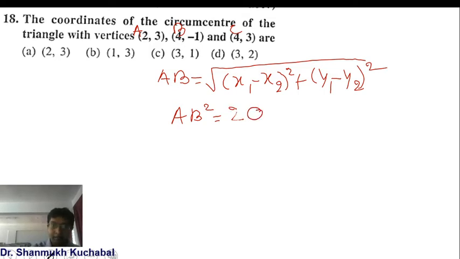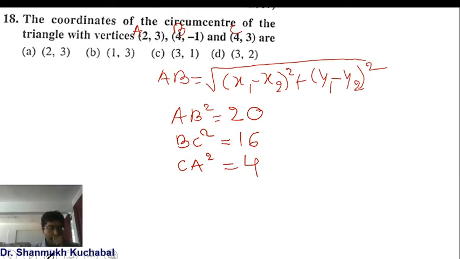Similarly, the distance between B and C, BC², is 16 units. The distance between C and A, CA², is 4 units. Then we observe that the larger number is 20.